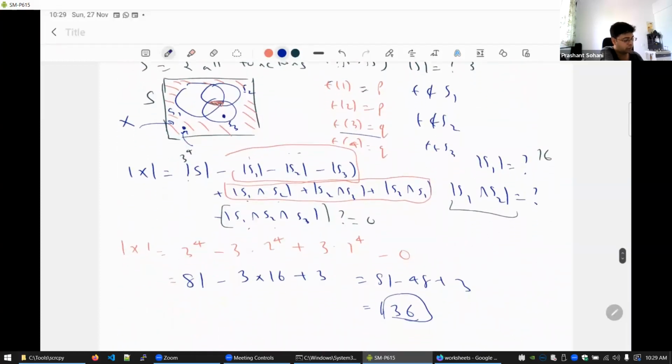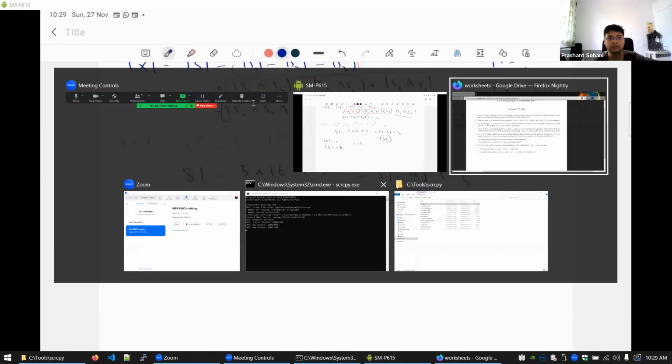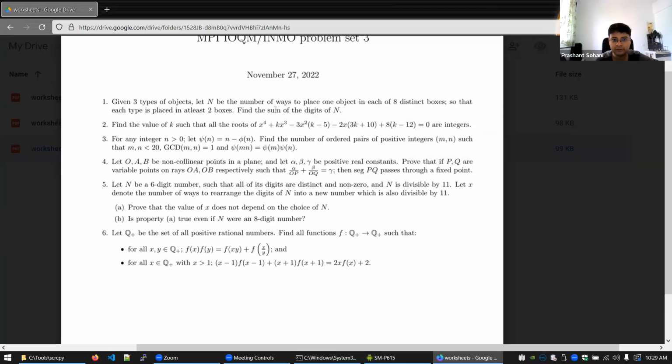You can try to generalize this for a larger set now. Suppose A has some n elements, B has k elements, and of course given n greater than or equal to k. Now how many onto functions are there from n to k? I will encourage you to try and solve this problem on your own, and then once you do that, you can look at the question which I had asked: given 3 types of objects, what is the number of ways to place one object in 8 distinct boxes?